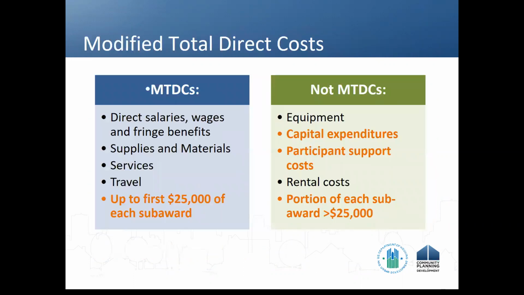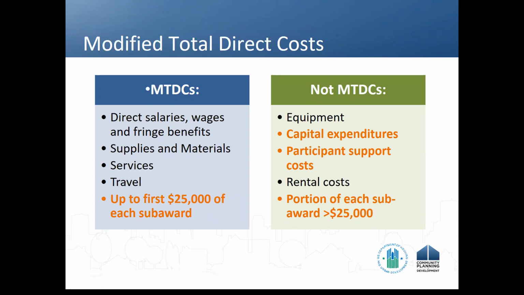So before we look at how the 10% de minimis method should have been applied, let's again review those costs, those certain modified total direct costs that are subject to the 10% de minimis indirect cost rate. The text shown in orange bold applies directly to our example. So on the left, MTDCs only include up to the first 25,000 of each subaward.